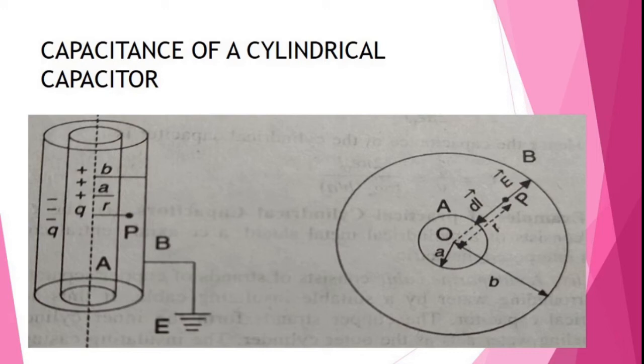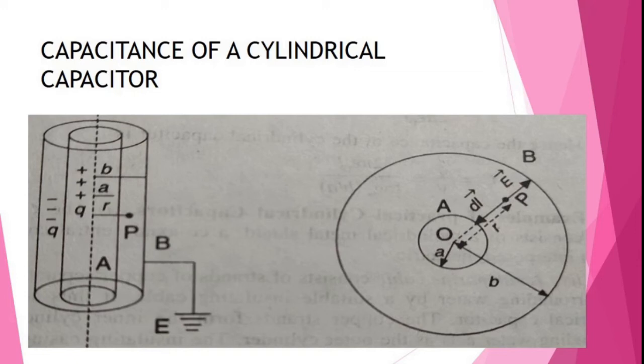We are giving a charge plus Q to the inner cylinder. So the inner cylinder now has a charge plus Q. So an equal charge minus Q will be induced on the inner surface of the outer cylinder, and a charge plus Q will be induced on the outer surface of the outer cylinder.